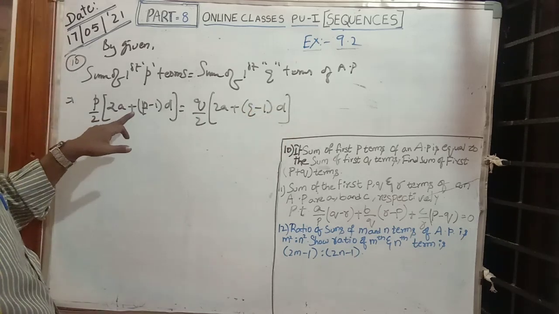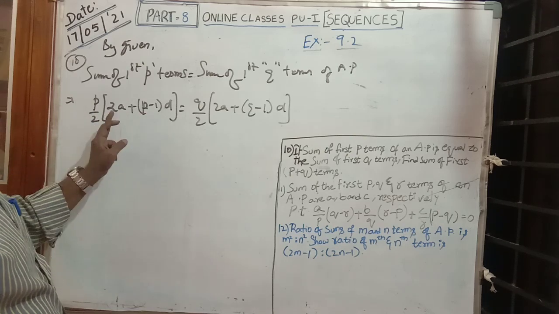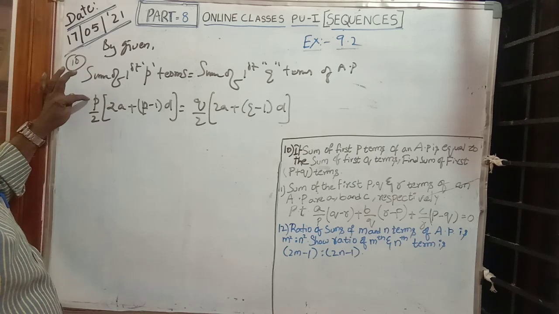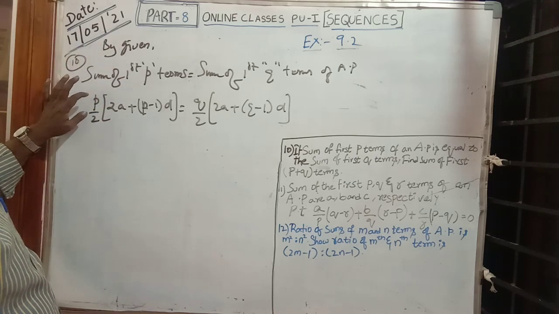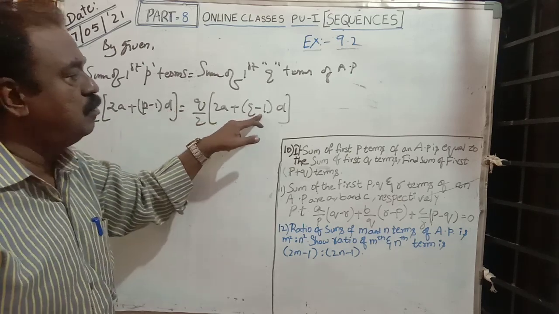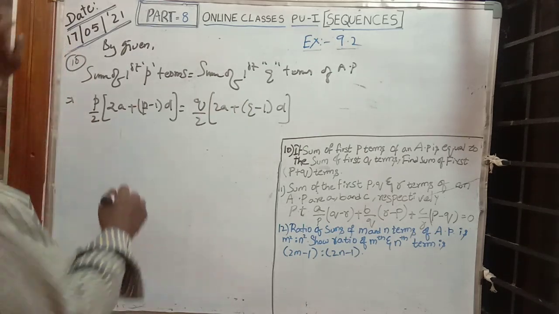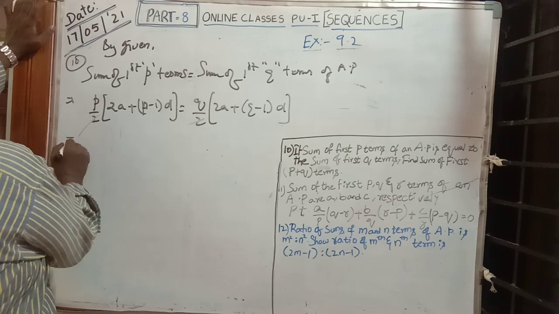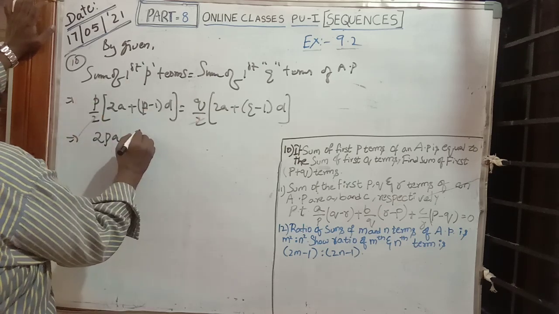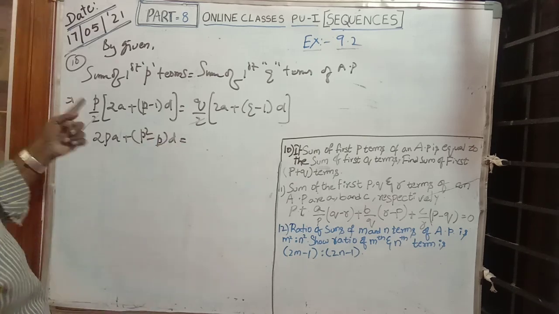Don't confuse: n by 2 of 2a plus (n minus 1) d is the formula, not a plus n, not a plus nth term. For example, for 10 terms it is 10 by 2, with 10 minus 1, 9. For 15 terms it is 15 by 2, with 15 minus 1, 14. Not 10 or 15, I am just giving the example. Here 2 cancels. Here 2pa, here it is p squared minus pd. Will you agree? P multiplies.